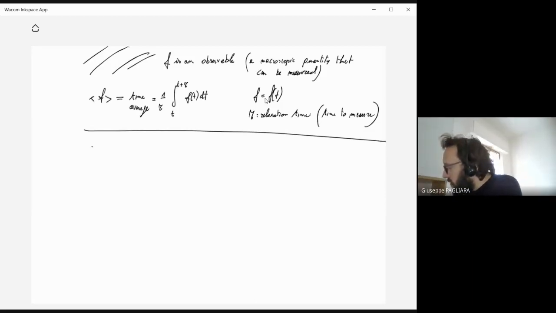Okay. So instead of averaging over time, we make an average over an ensemble.